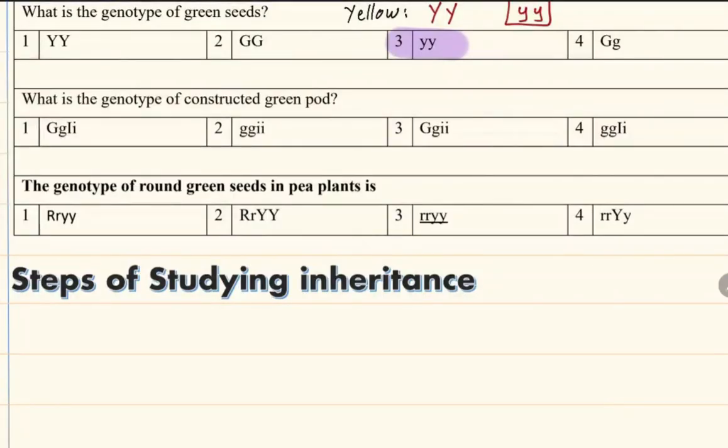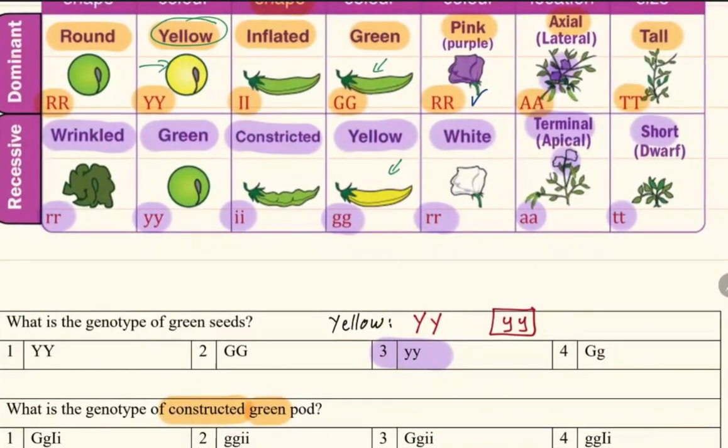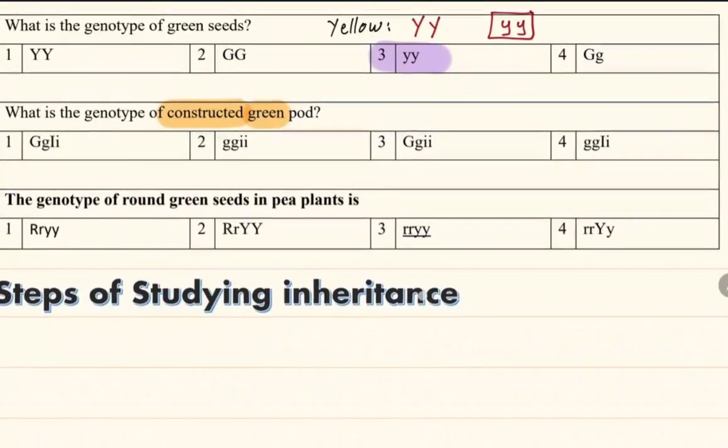It says here, what is the genotype of constricted green? Here we have inflated and constricted. We know that constricted is going to be the recessive. Constricted, I small.